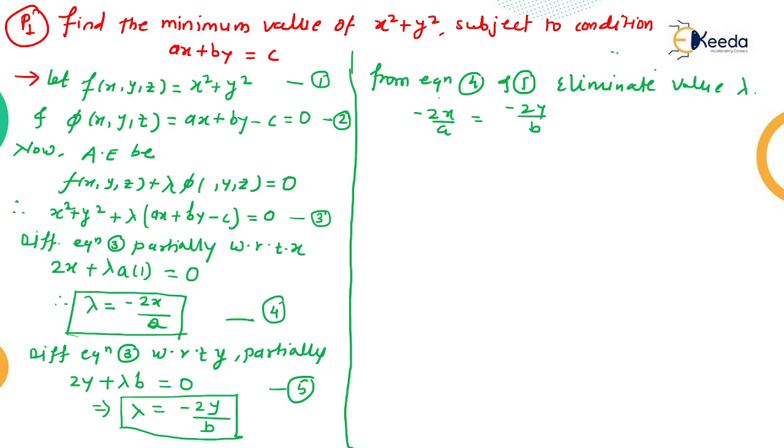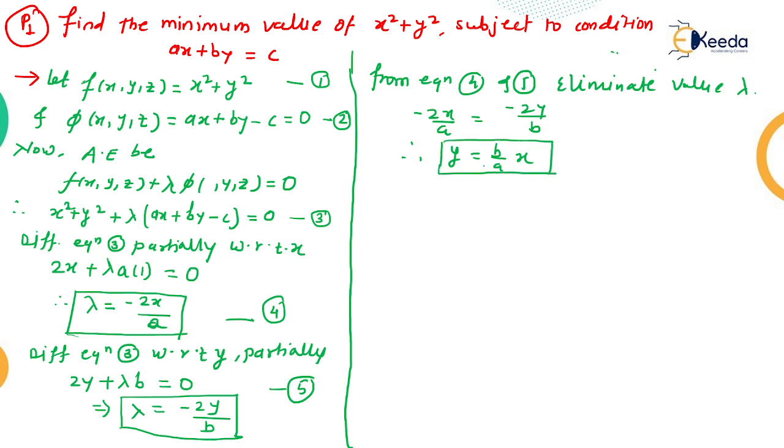The minus signs cancel, the 2 and 2 cancel, and we get y is equal to b by a into x. Now this is the value of y. You also have to find the value of x.